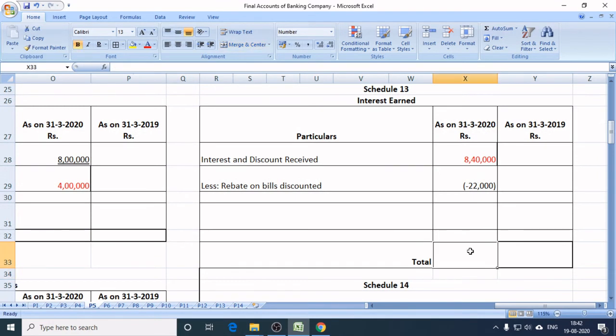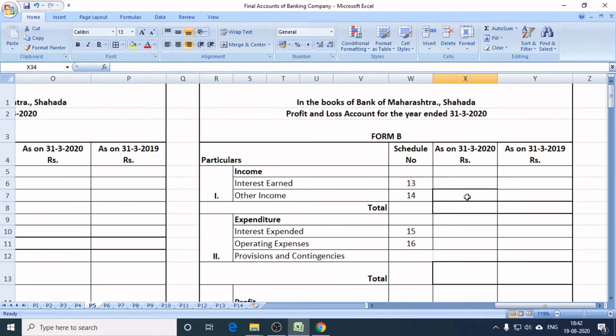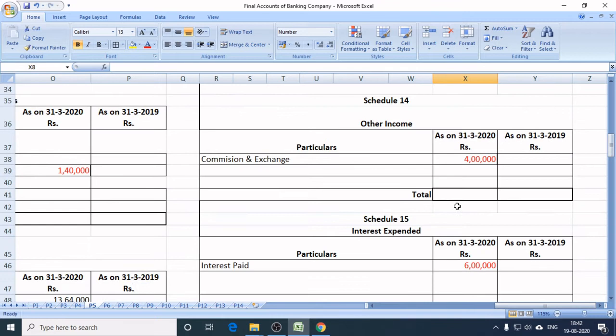Okay, now here from 8,40,000 rupees, we have to deduct 22,000. Therefore, the net interest and discount received is 8,18,000. Then the summary, show the summary here in the profit loss account, that is form B, 8,18,000. The next is other income.